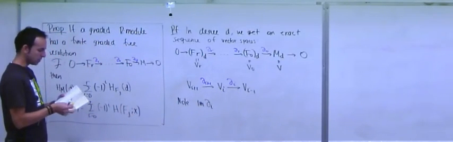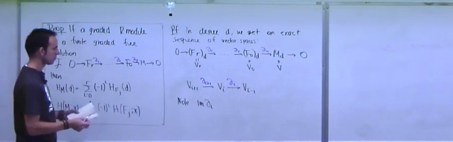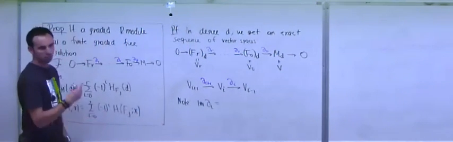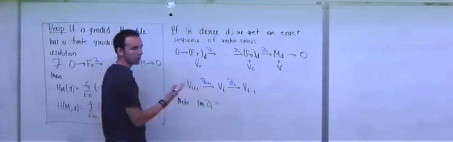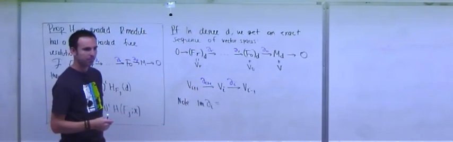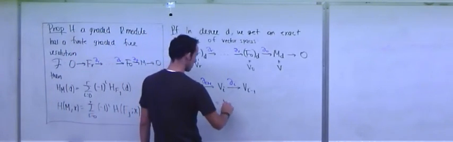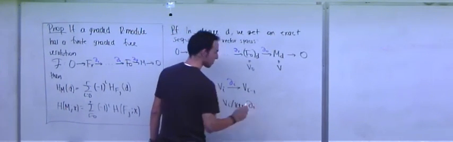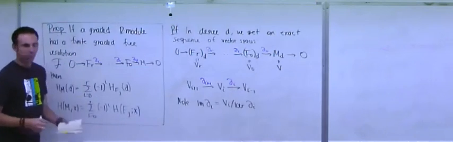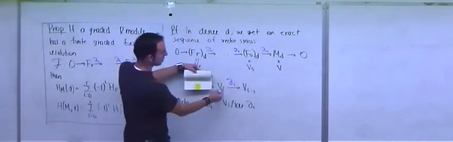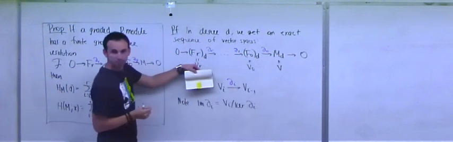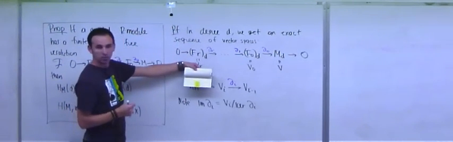But by the isomorphism theorem, we know that the image is isomorphic to this mod the kernel, right? So this is by the isomorphism theorem applied to here. The image of this map is this mod the kernel of this map. So we have that.